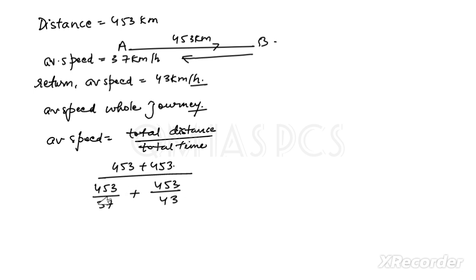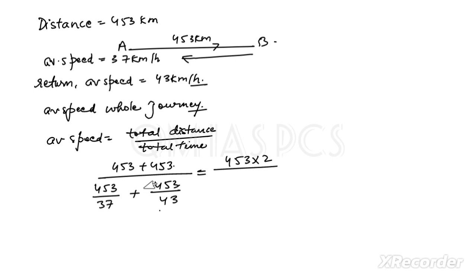So this will be the average time of going from A to B and the average time for going from B to A, returning on that journey. So we can write like this. You can solve this, let me try. Here we can write 453 multiplied by 2.